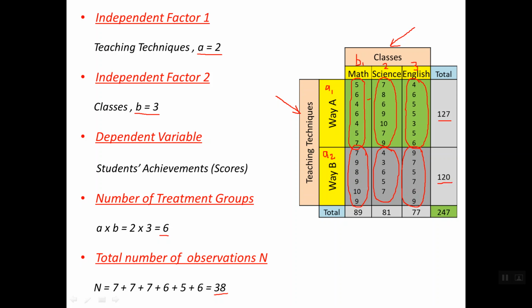Regarding the second factor, for the math, we have 89, for the science, we have 81, and for English, we have 77. And the total number of observations, we have 247.